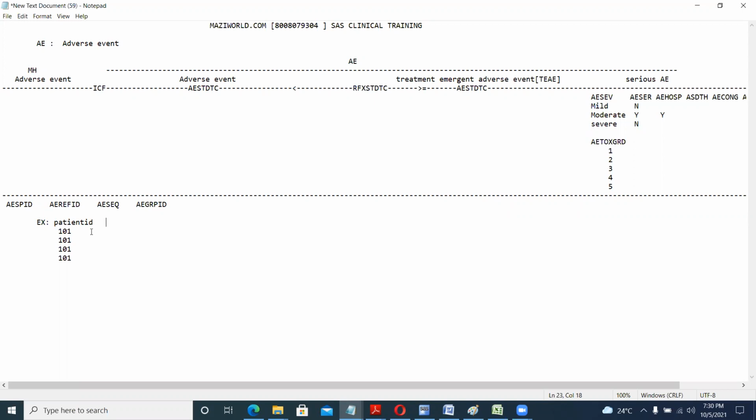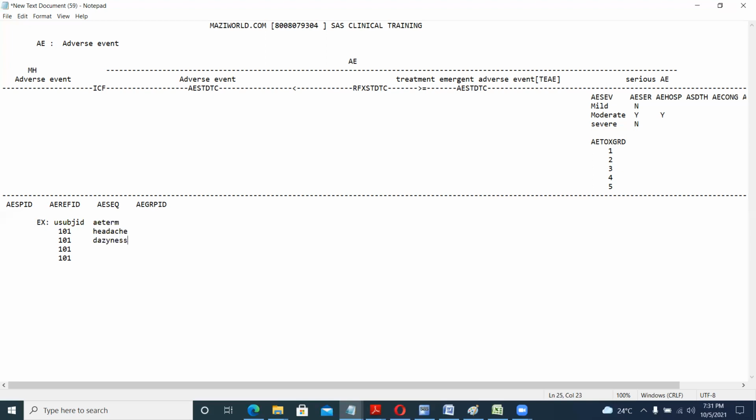So let us assume this is the USUBJID, the unique subject ID. The subject has 101, 101. And if you take the AE term, meaning adverse event term, this patient 101 has got a headache, and patient 102 has some dizziness.